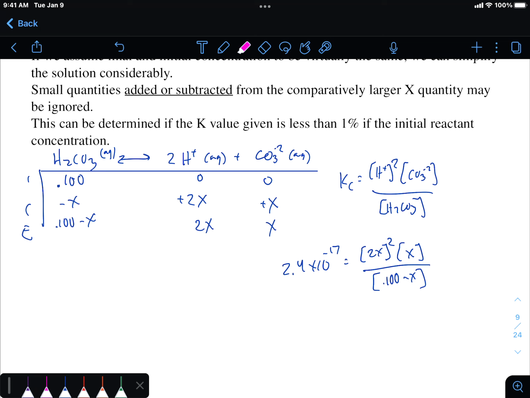Some textbooks call it the 1% rule. I actually am more cautious than that, so here's what I'm going to tell you.